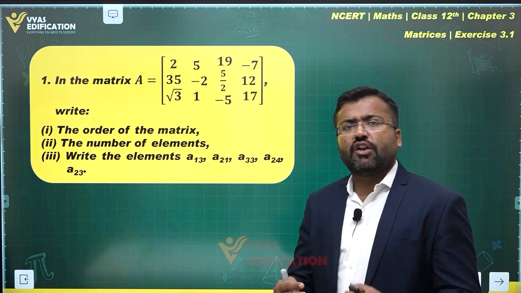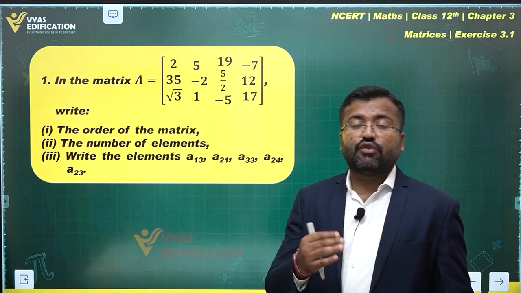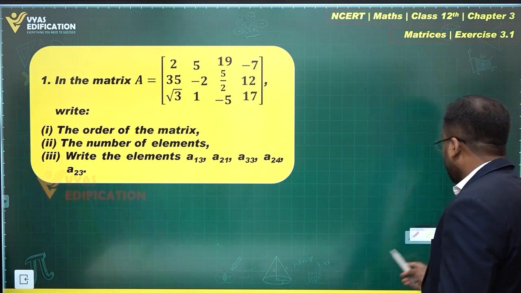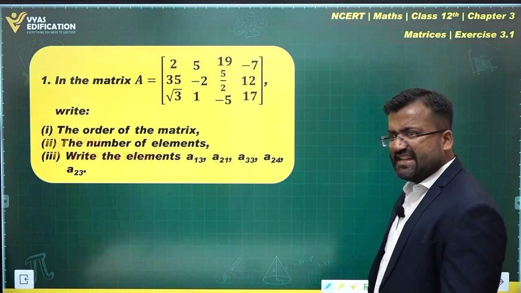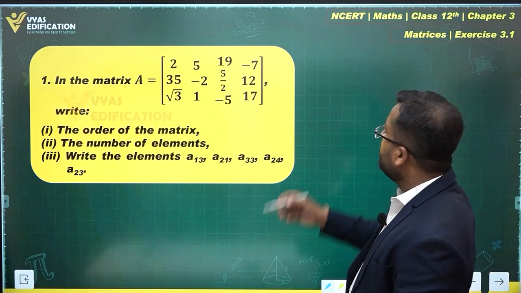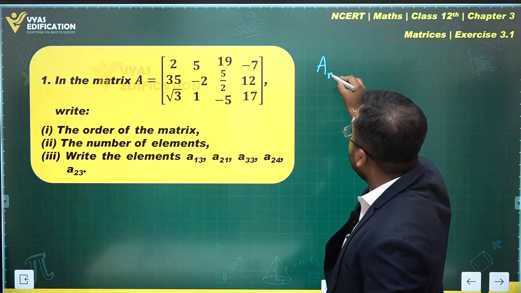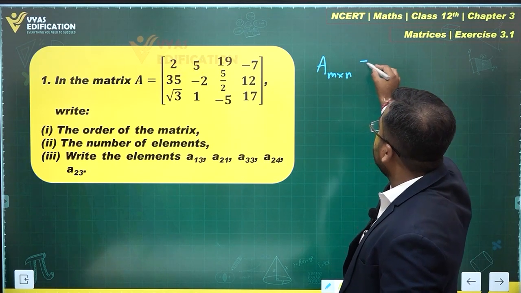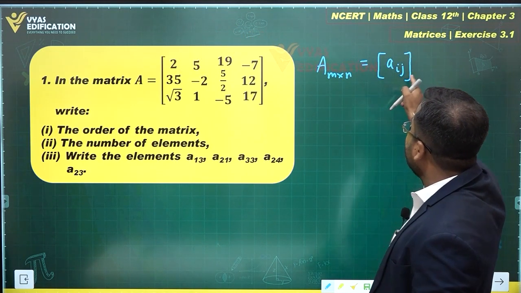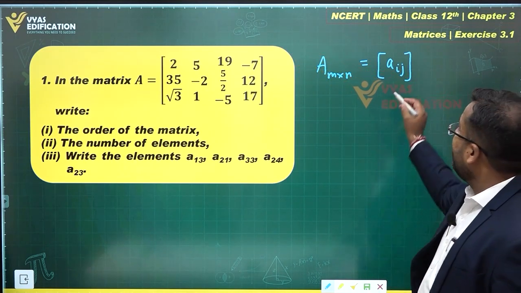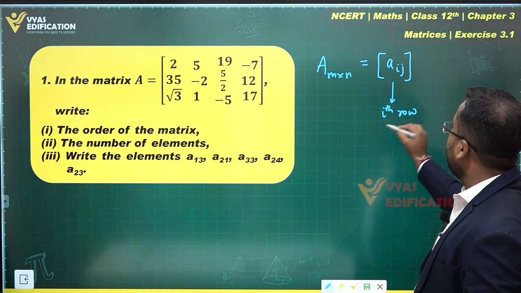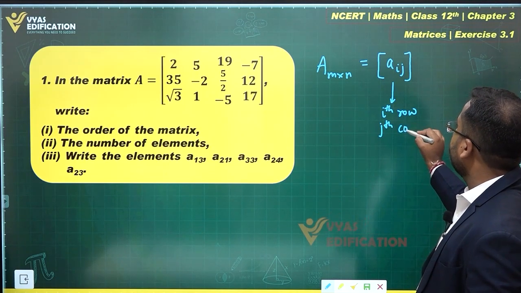So, let's recall what a matrix looks like and how we represent a matrix. Let's see a general matrix of some order. What does the standard representation of a matrix look like? A matrix of order m by n can be written as Aij, where Aij is the element in the ith row and jth column.